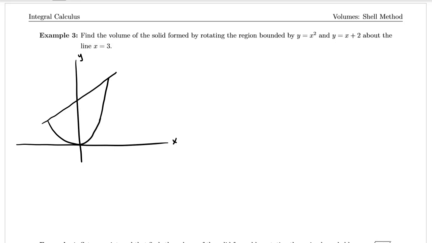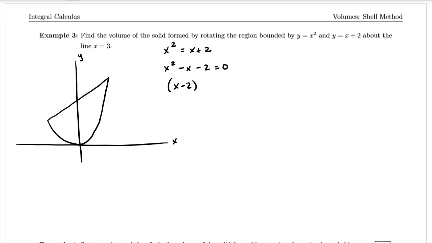So I need to figure out where those two curves intersect. I'm going to do that by taking x squared and setting it equal to x plus 2. If I subtract x and 2 on both sides, we get a quadratic equation.